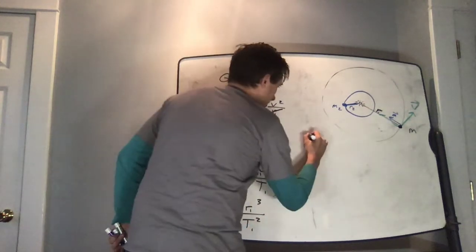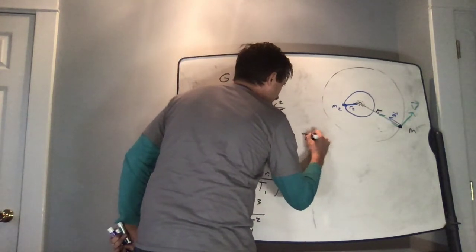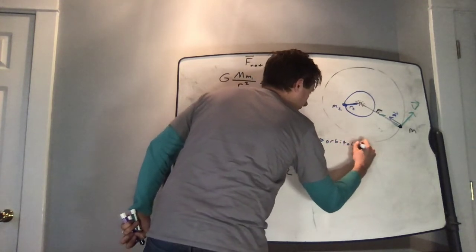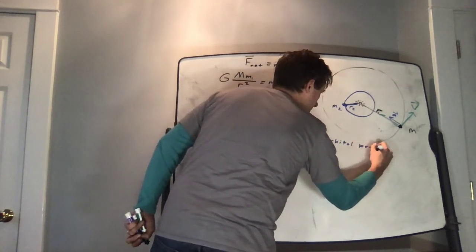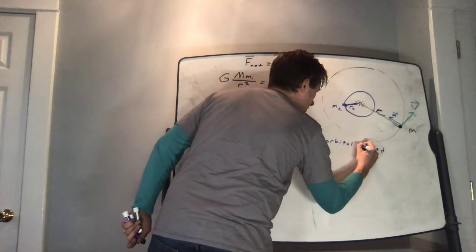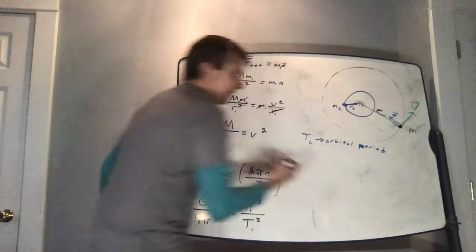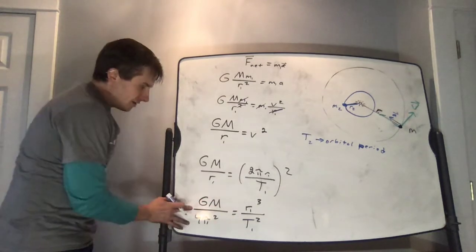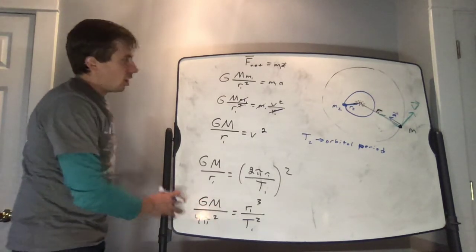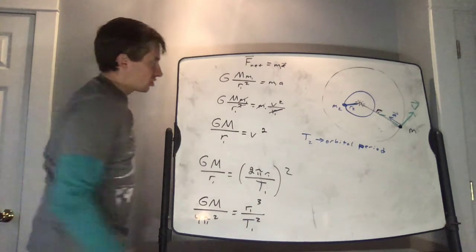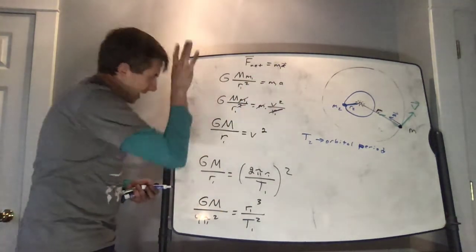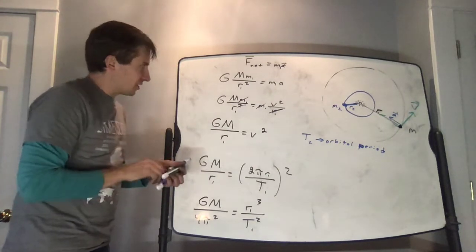It will take a length of time t2 for its orbital period. But if I were to go through this entire calculation again, I would end with the exact same result. All I would functionally be doing is just changing a subscript from a 1 to a 2. Everything else throughout this problem would be the same.